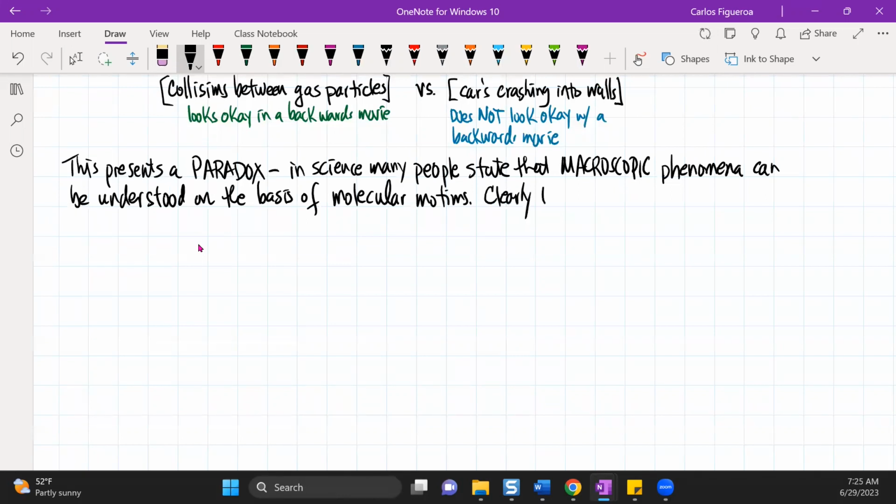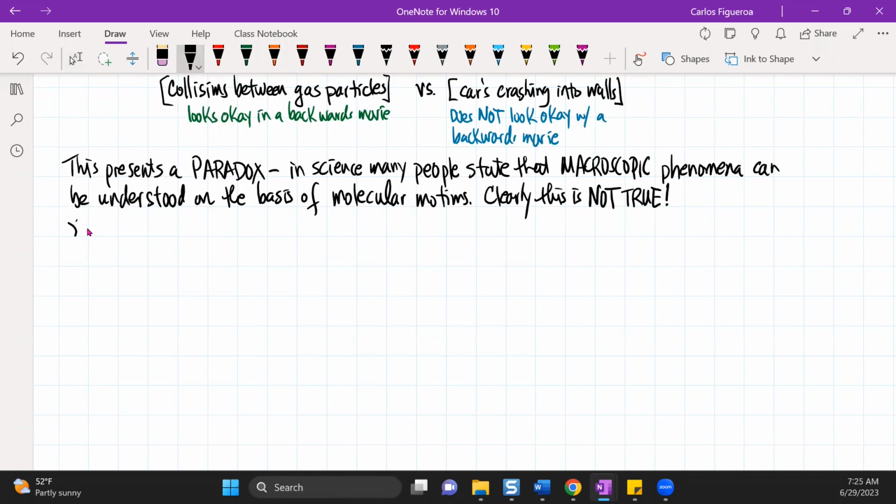Clearly, this is not true, right? Clearly, this is not true because we can see that something happens.